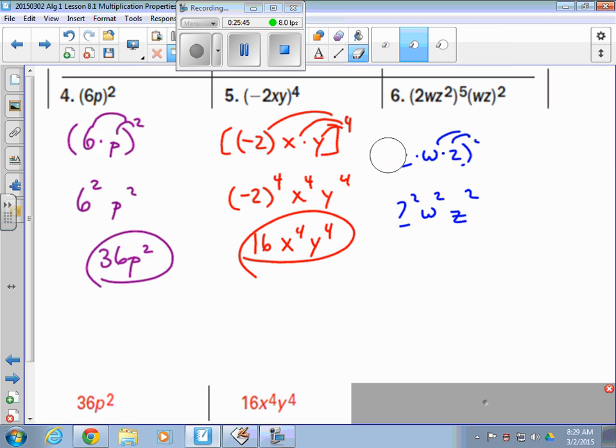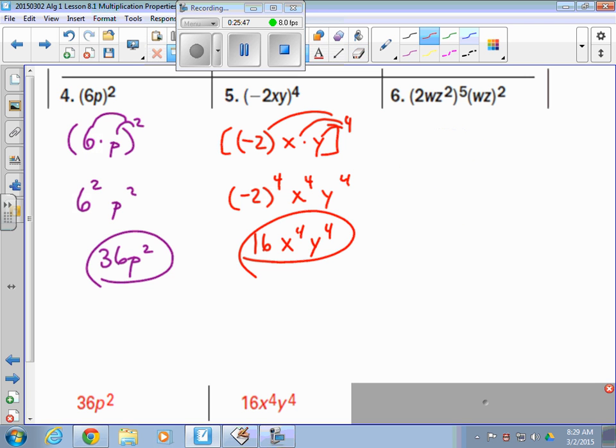The only thing that's squared is z squared. Everything's being raised to the fifth power. So 2 to the fifth power, w to the fifth power, z to the 2 times 5. So 2 to the fifth is 2 times 2 is 4, times 2 is 8, times 2 is 16, times 2 is 32. W to the fifth, z to the 10th.